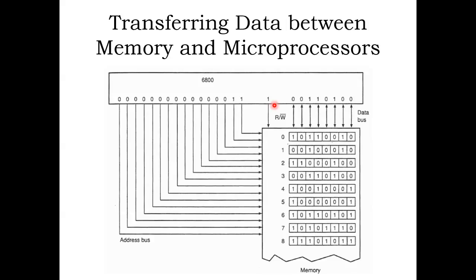Okay? So, for an example, as you see here, just by this one, can you guess which, meaning this line can be either 1 or 0. If it is 0, does it write or read? Can you guess from here? Just by looking at this one? Okay.